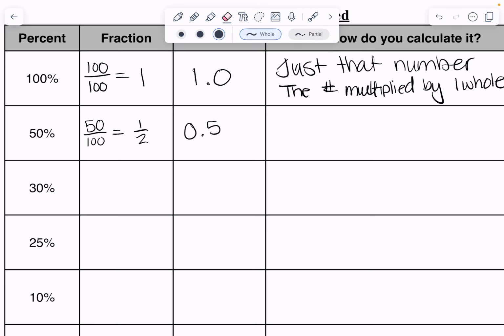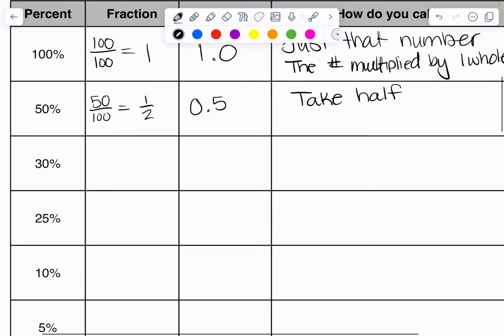Some people might like to think of that as dividing by 2, which is totally acceptable if that works for you. I think the word divide can be triggering for a lot of students, but if I just say take half of the number, a lot of you are able to do that in your heads without thinking too hard.